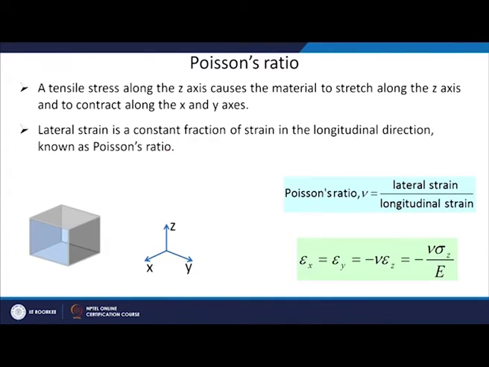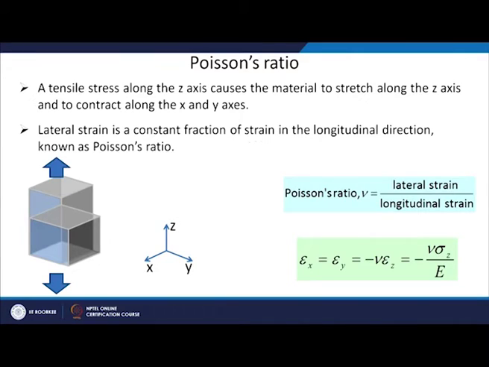So, suppose this is a cube, as shown here, and I want to apply a force in the z axis, and because of that it will deform, elongate in the z direction, and there will be contraction in the x and y direction. Okay. So, if you measure all these dimensions, the strain in the x or y direction divided by the strain in the z direction will give you the Poisson's ratio.